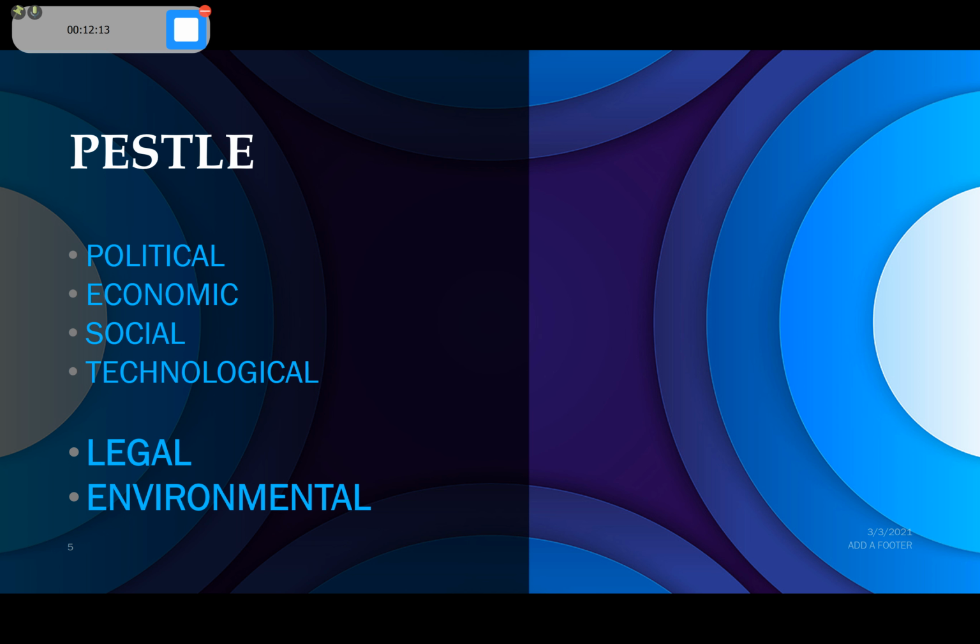If there are any regulations or regulatory bodies that control what you do and you have to meet their standards, then that would also fall under legal.